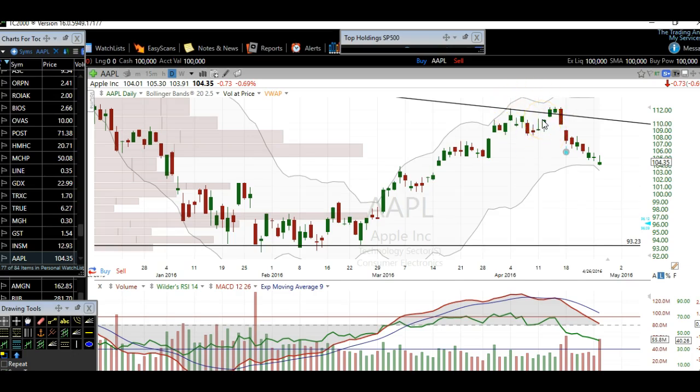If you've been following along, you would know that, okay? But moving forward with Apple, if we get a gap down to this support level, and as you can see, it's about $93 to $94. We look at how many times we touched this level before.